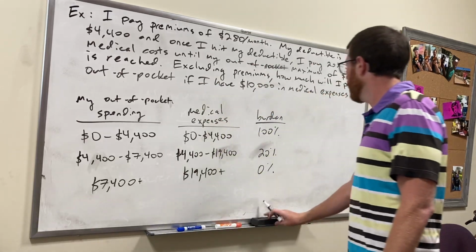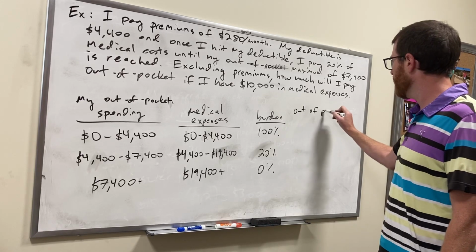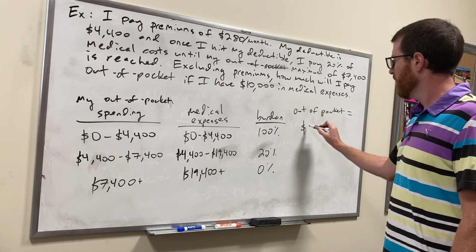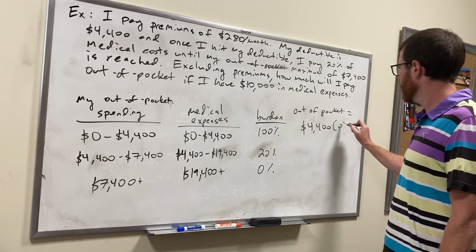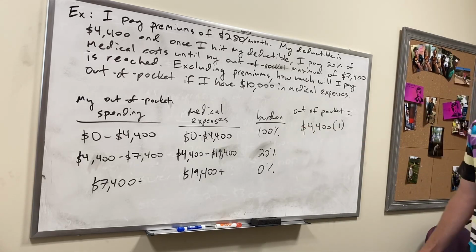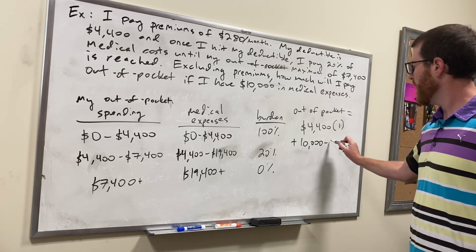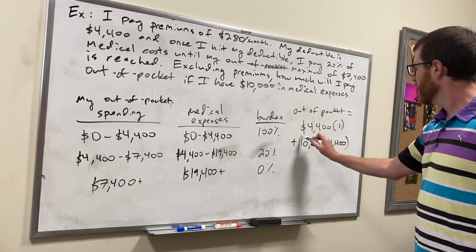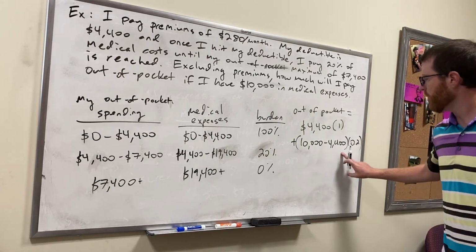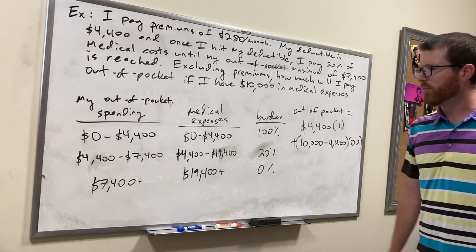The out-of-pocket burden that I face here is going to be equal to $4,400 times 1, if you want to think about it that way. 100% of that I'm going to pay, plus $10,000 minus $4,400 times 0.2. In other words, for this $5,600 of medical expenses, I pay 20% of that.